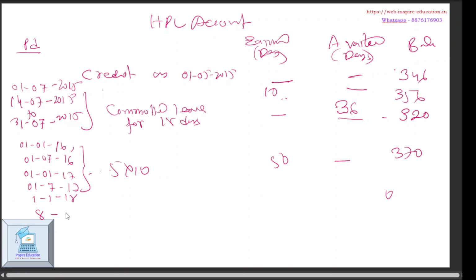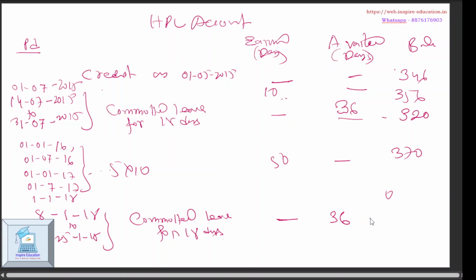Then on 8/1/18 to 25/1/18, there is commuted leave for 18 days. For 18 days it will equal 36 days of HPL. So it will be 370 minus 36, which is 334 days.